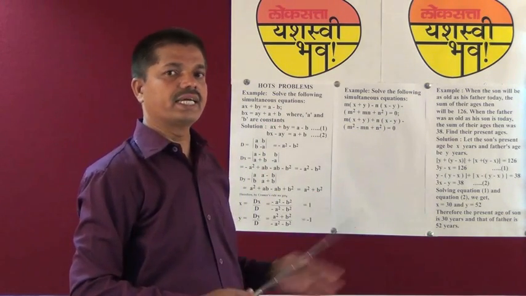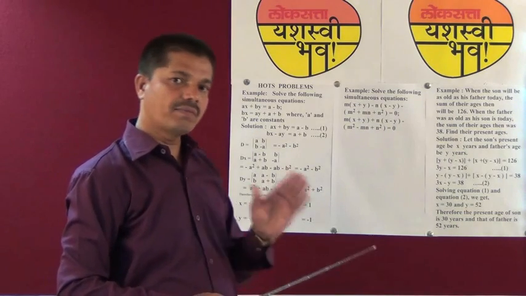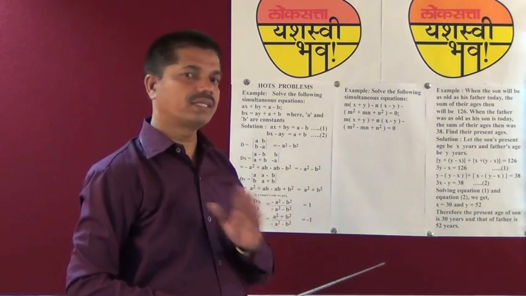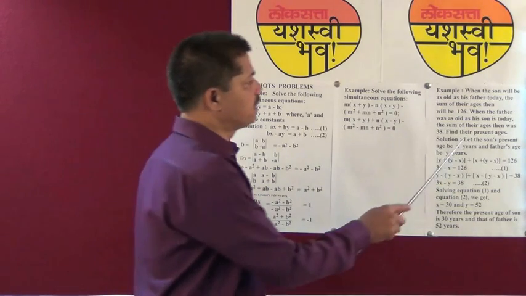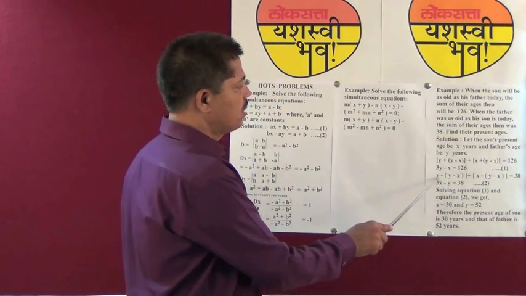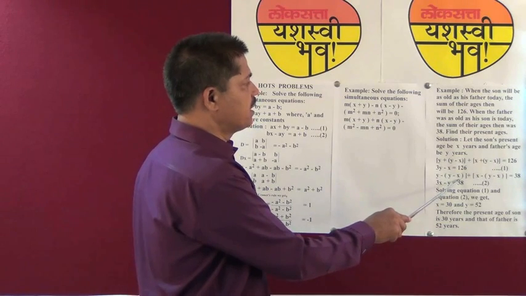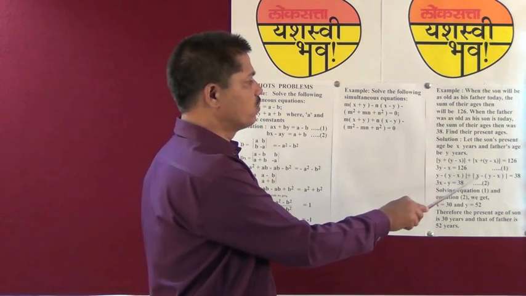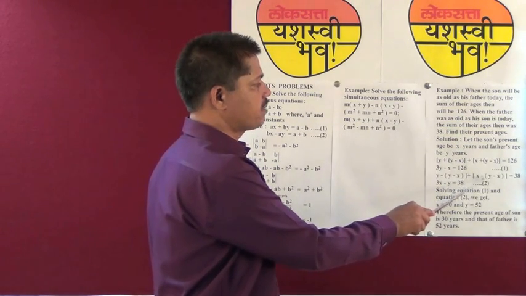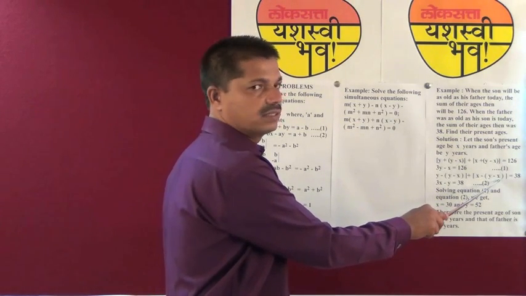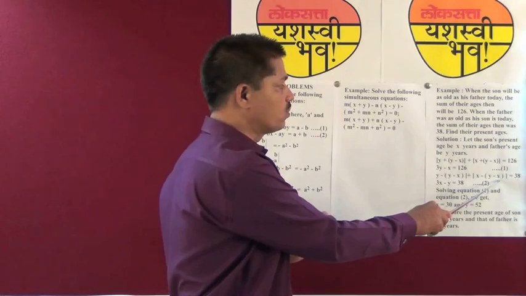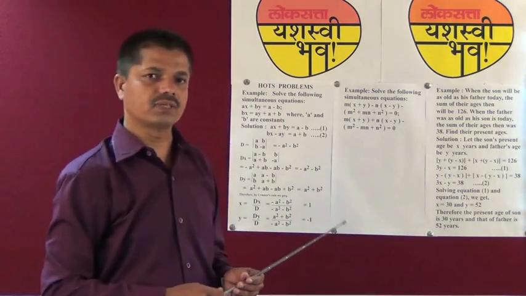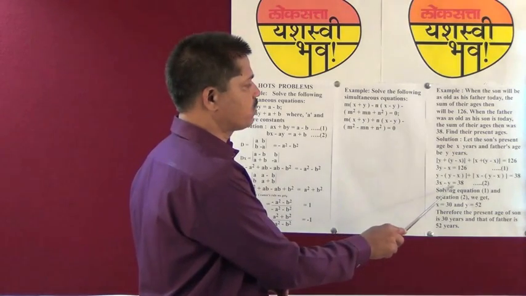Therefore the age of the father y minus x years ago is y minus (y minus x), and the age of the son is x minus (y minus x) years ago, and the sum is equal to 38.